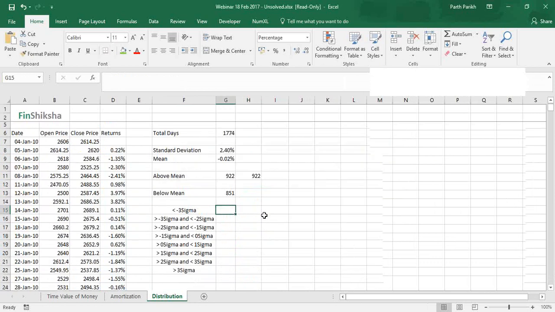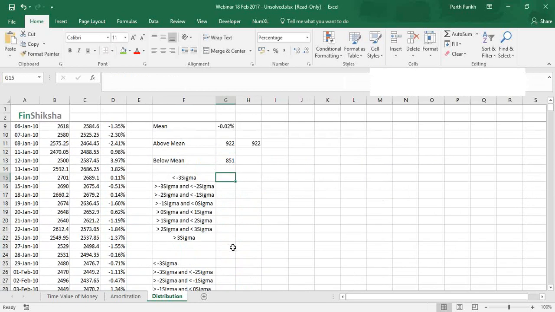Now for the distribution, I have to find out the various sections within the returns that tell me where my returns are. Over here, for the standard distribution, there is below 3 sigma, then between 3 sigma and 2 sigma, then 2 and 1, then 1 and 0.